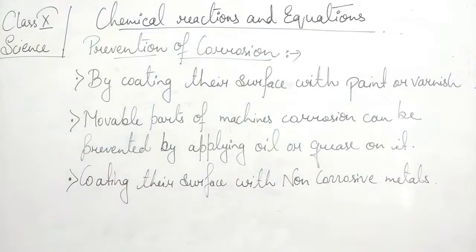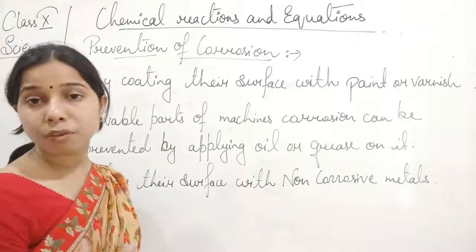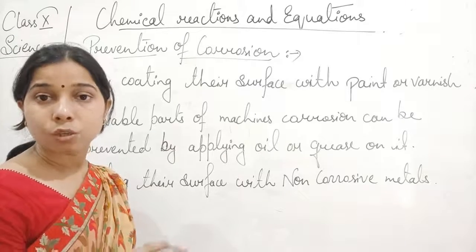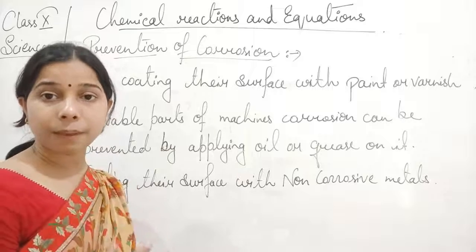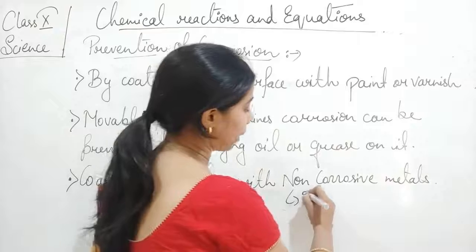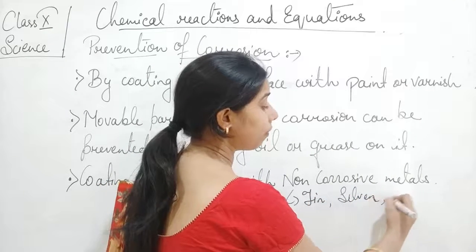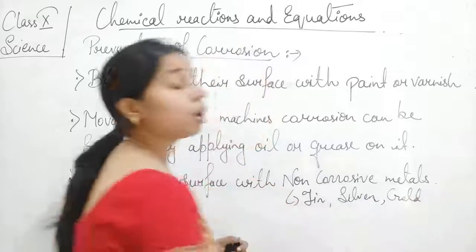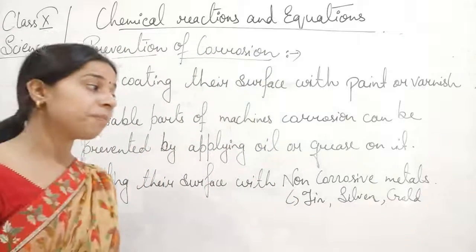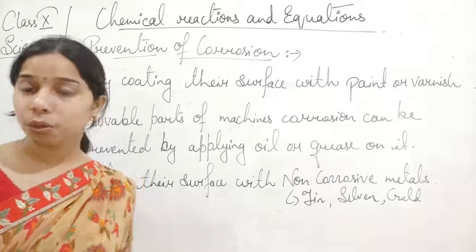We can use copper to prevent the corrosion of the copper. We can use tin. So if we use tin, that will help in preventing the corrosion. So non-corrosive metal, it can be tin. Even we can use silver or gold, because silver or gold is what? It is non-reactive, so we can use the lead or this non-corrosive metal to prevent the corrosion.